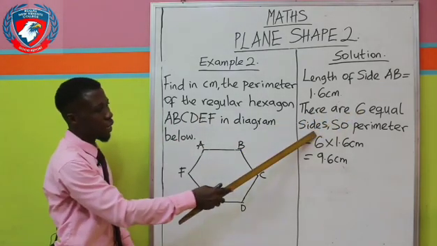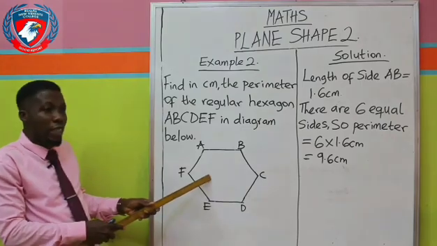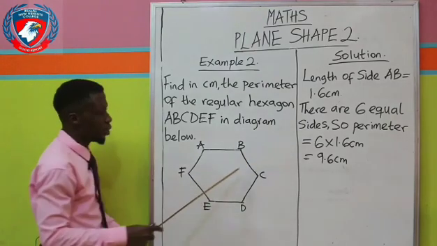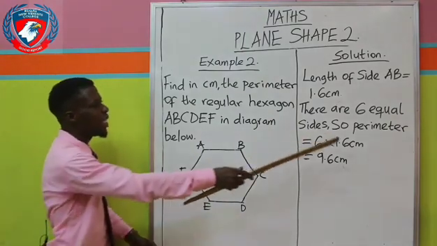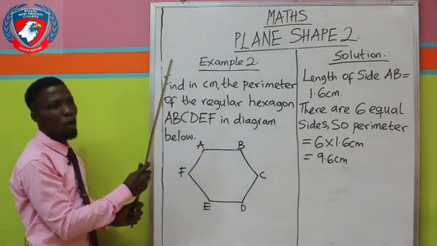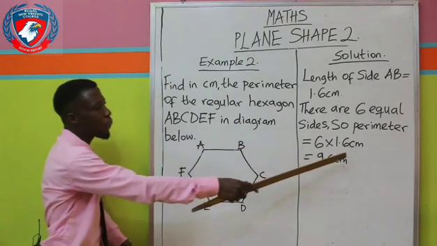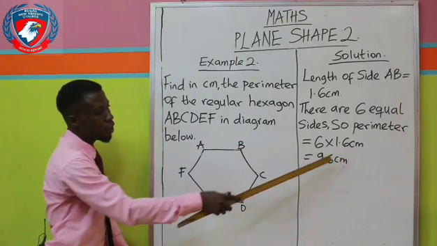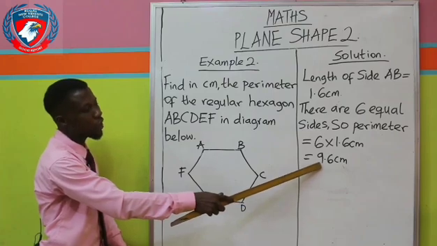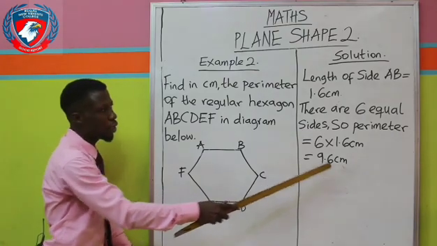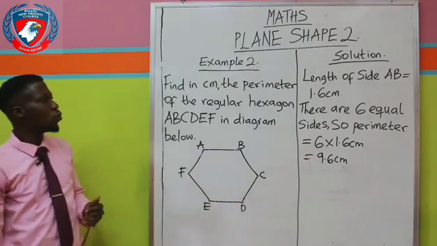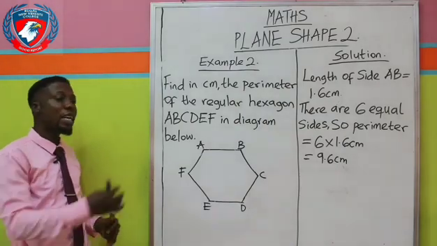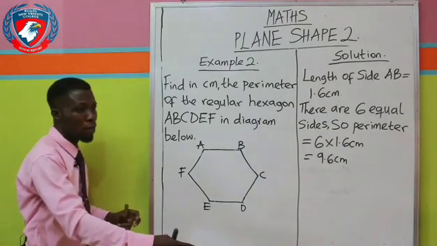There are 6 equal sides, so the perimeter of this shape is 6 times the length of one side, which is 1.6 centimeters. That gives me 9.6 centimeters.